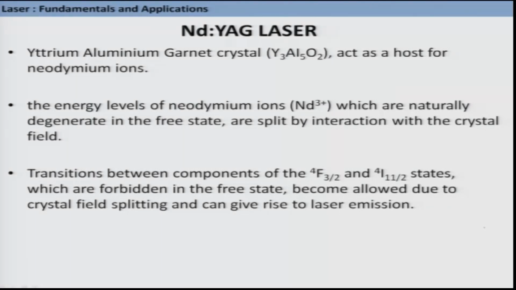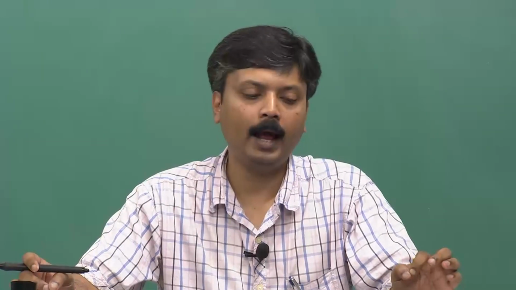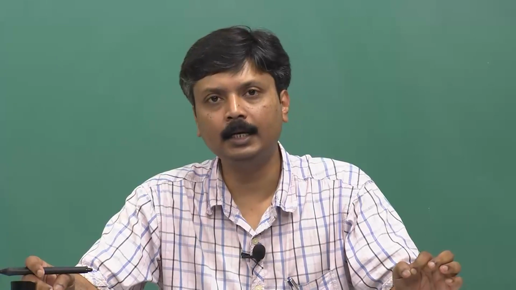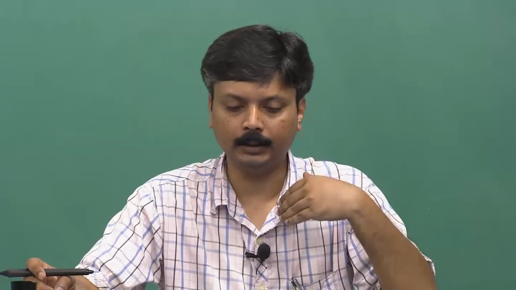Like in the case of ruby, where the alumina was just a host and chromium was playing the role of providing states for the laser action, here neodymium 3 plus ions actually give us the states for laser action.